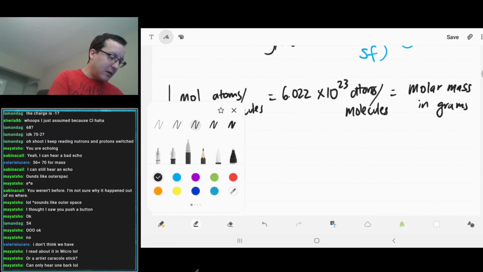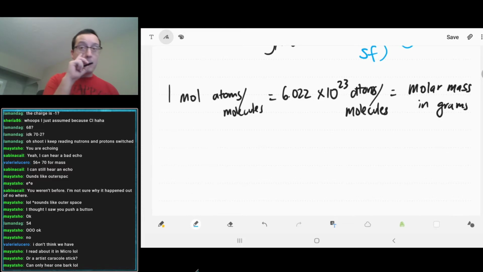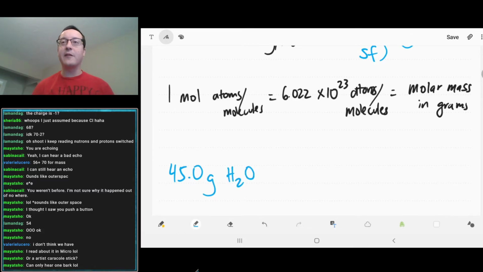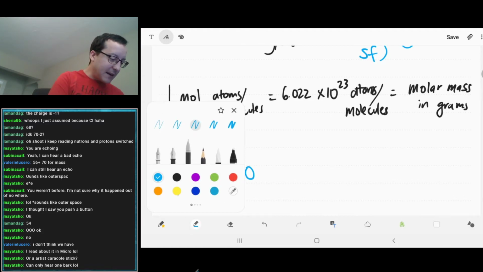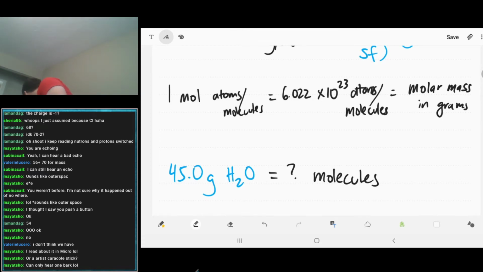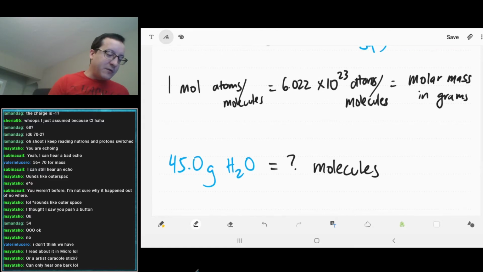So we can say, okay, I have my shot glass full of water. So let's say I have 45 grams of water. We're going to see that I can find out how many molecules that's going to be by using these conversion factors.